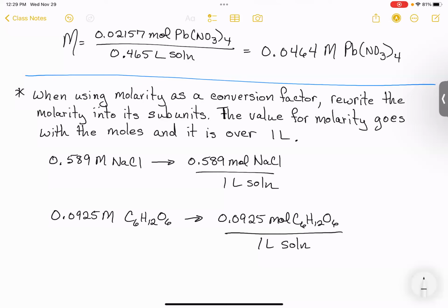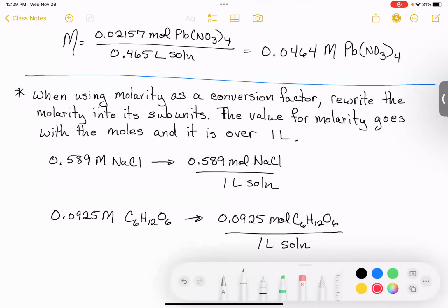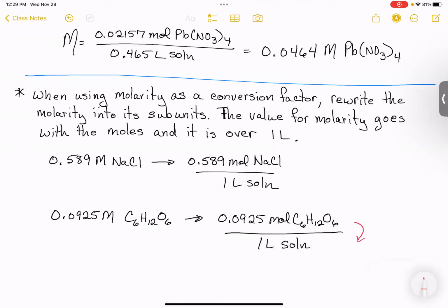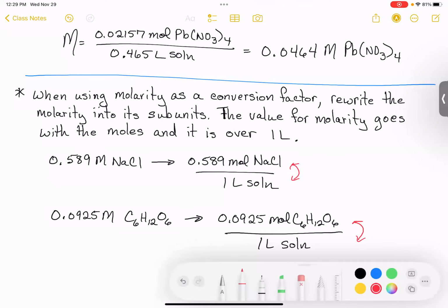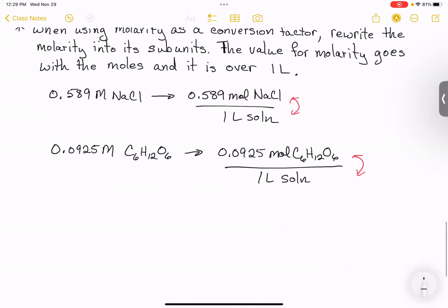With molarity, the entire thing can be flipped depending upon what you want to cancel out. So molarity is a really neat unit that can be flipped depending upon whether you want the amount of material or whether you're wanting the volume of the material. So let's just look at some examples.